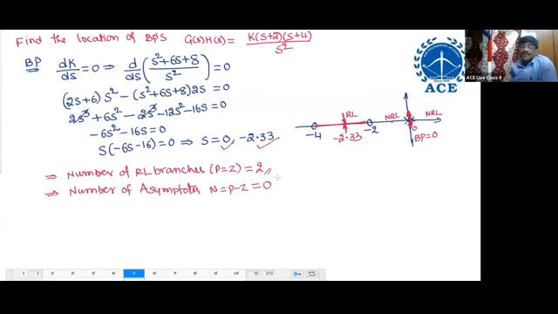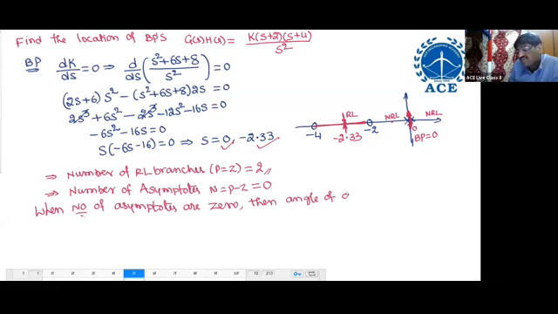Number of asymptotes 0 means angle of asymptotes and centroid are not required.